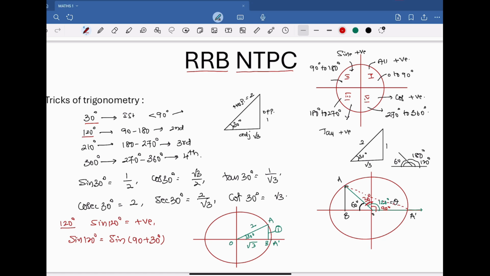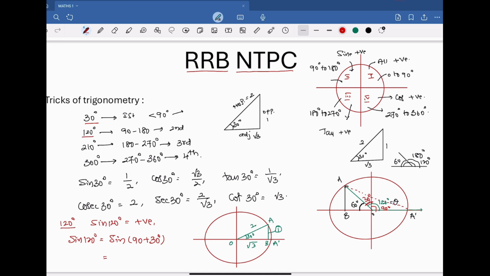Then what will be the value of sin 120? Tell me. Sin 120 is equal to sin 90 plus 30.